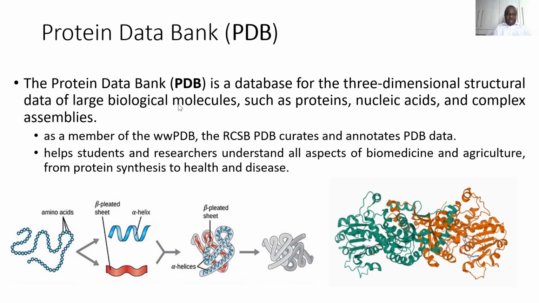We know protein usually exists as tertiary structures. From your primary polypeptide chain, they form your secondary structure, which is either a beta sheet or an alpha helix, that now folds into your tertiary 3D structures. And of course, you can also have two 3D proteins interacting to form what we call a quaternary structure.